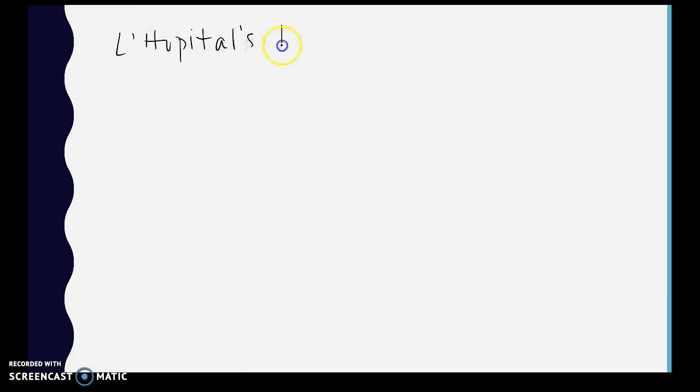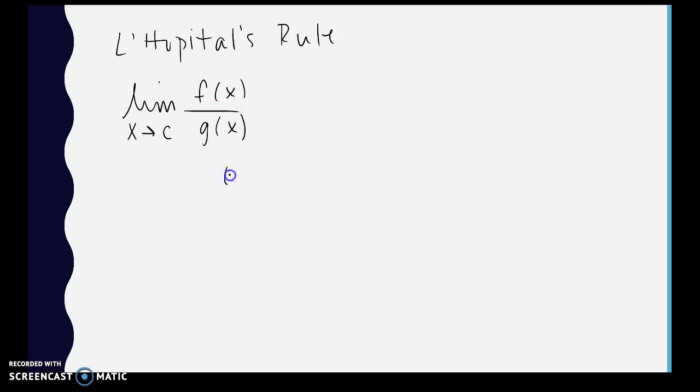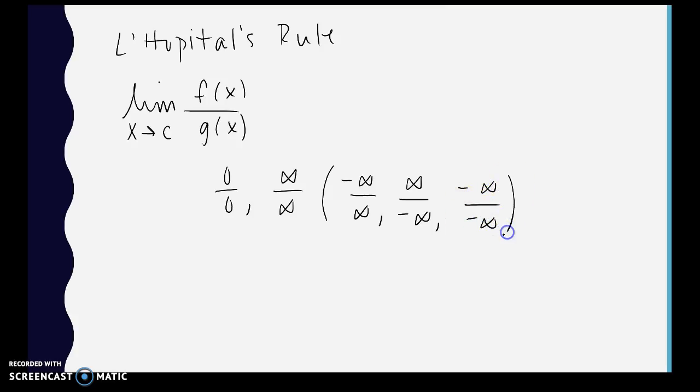L'Hopital's rule. If you attempt to take the limit as x approaches c of f of x divided by g of x, and your indeterminate form results in 0 over 0 or infinity over infinity, and really any variation of this last one, so negative infinity over infinity, infinity over negative infinity, or negative infinity divided by negative infinity, then L'Hopital's rule says to evaluate the limit, you can take the limit as x approaches c of f prime of x divided by g prime of x.